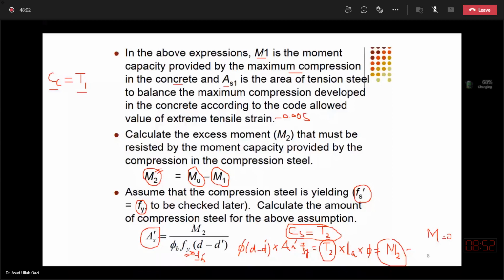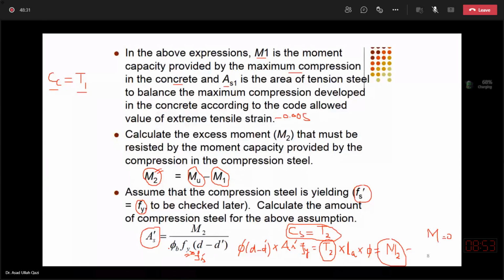That is what will happen if you finally end up with the design of case 2 doubly reinforced beam. But at the moment, assume, and we want to check it later on, whether our assumption was right or wrong in making the design choice. So I am using Fy, and based on that, I am calculating As prime.